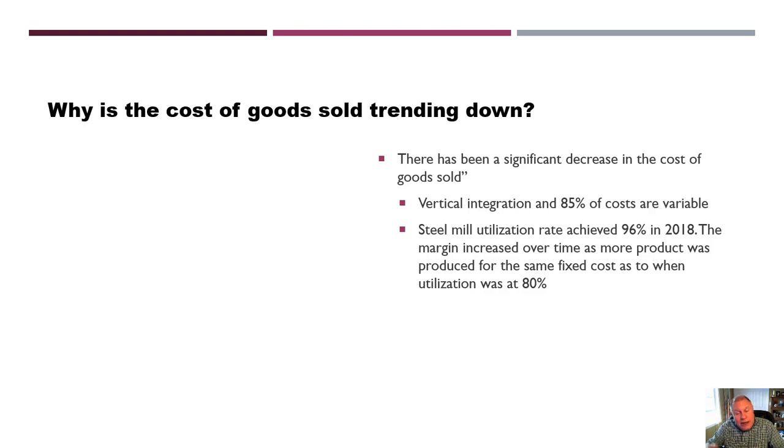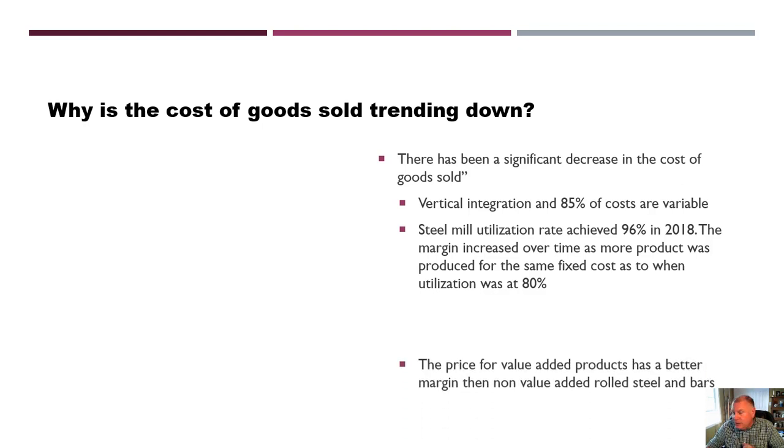Now, at 96%, we're going to really have to expand facilities to continue to grow. The price for value-added products has a better margin. So when we look at what we're able to sell for, these value-added products are selling for more than regular roll steel.